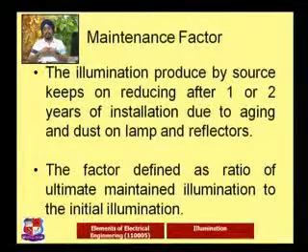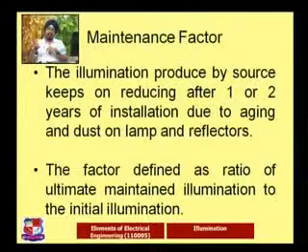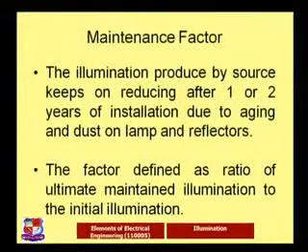The factor is defined as the ratio of ultimate maintained illumination to the initial illumination emitted by the source. It is not what the source is giving us, but what we are getting at the object side. That illumination, or those lumens, are known as the ultimate lumens.